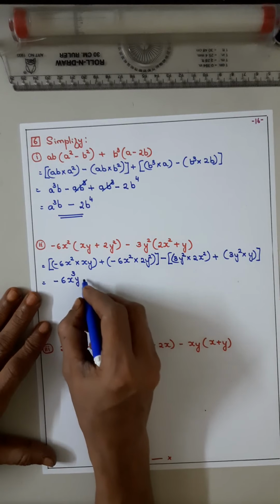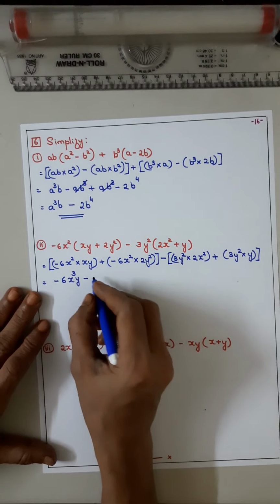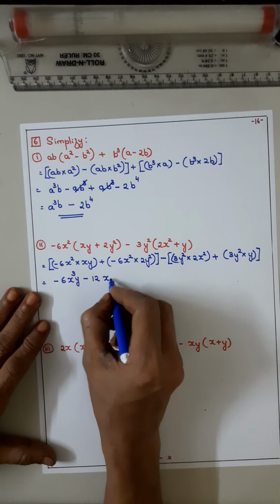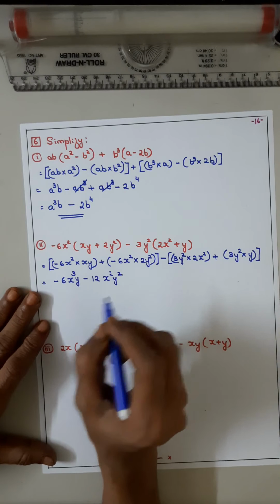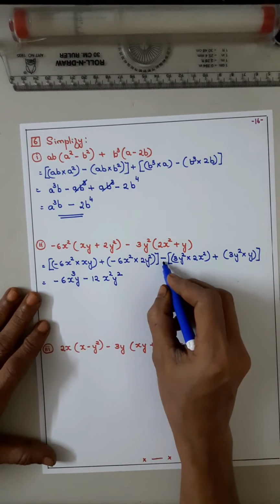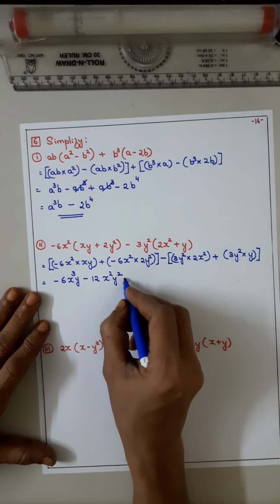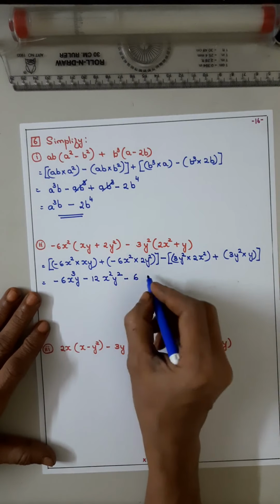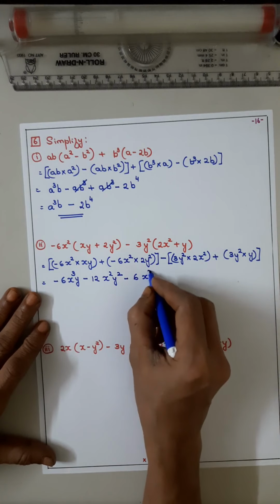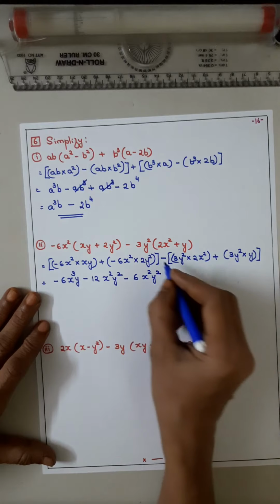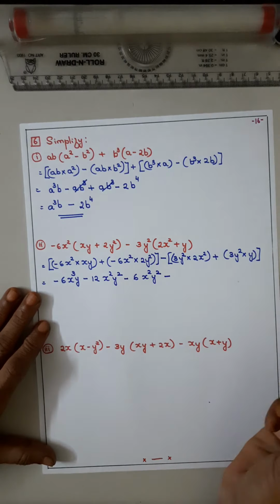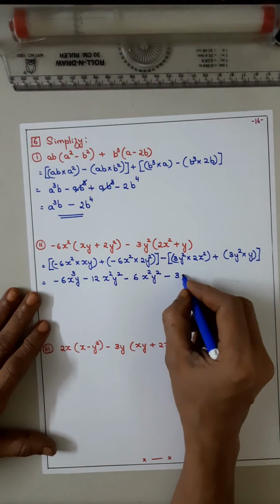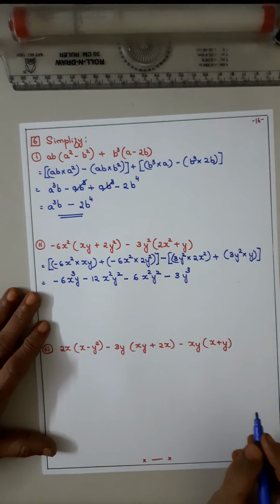Now this one will be again minus 6 2s are 12, now x squared y squared. Now here minus of plus, it becomes minus 3 2s are 6 x squared y squared. Now minus of plus minus. Now 3y squared and y, that becomes y cube.